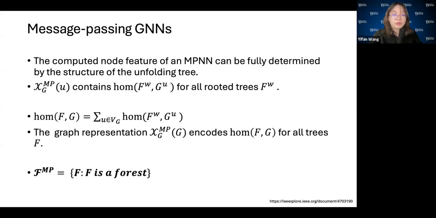So the graph representation X will encode the homomorphism counts F to G for all such trees F. Therefore, the paper has its first result: the homomorphism expressivity of the message passing graph neural network is a set of subgraphs F, where each graph is a forest.